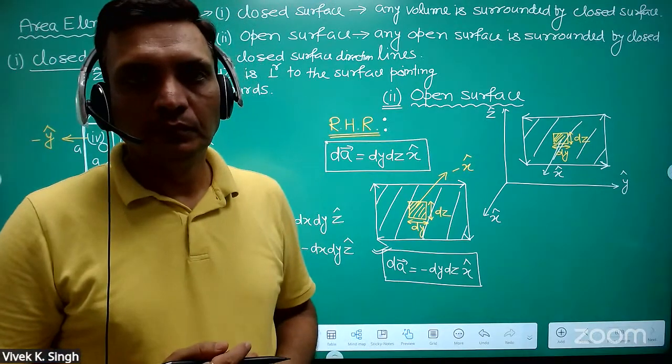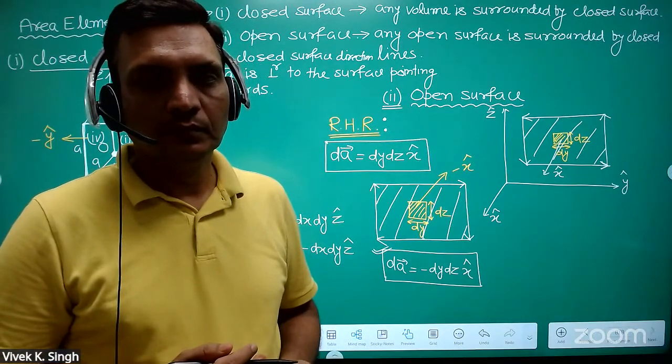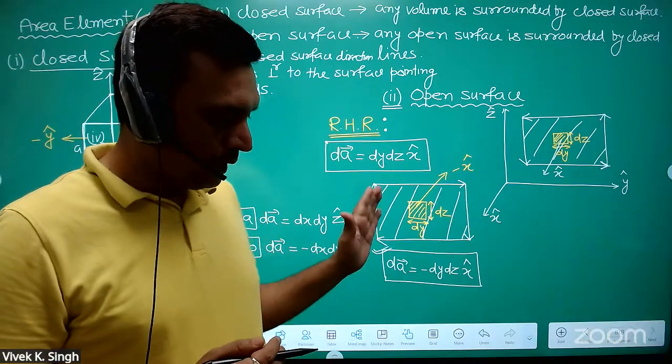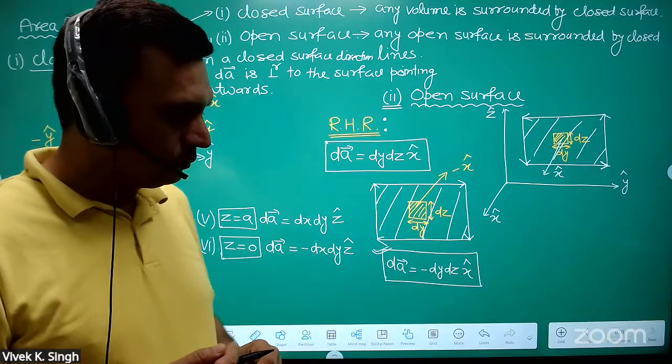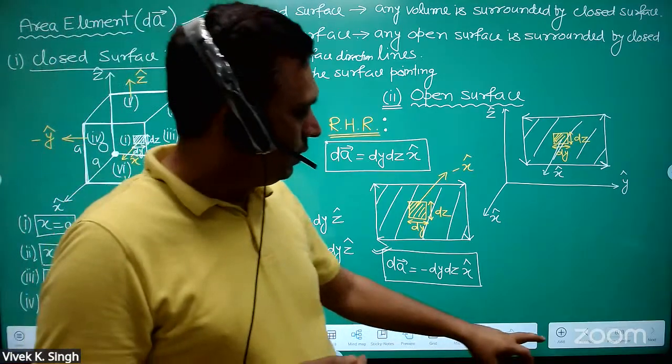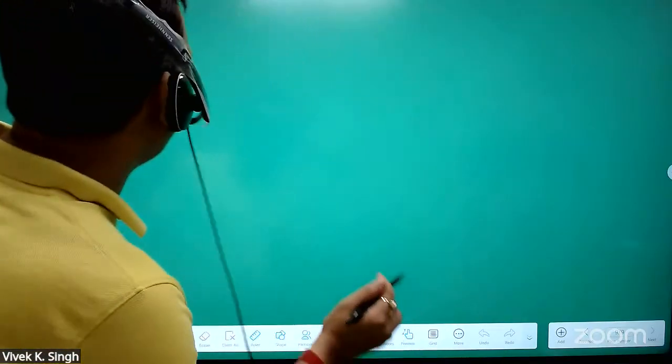No, sir. So can I take the next slide? Yes, sir. Now let's see. You can write dot product and cross product of unit vectors.